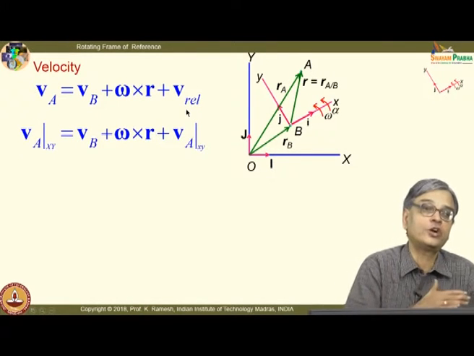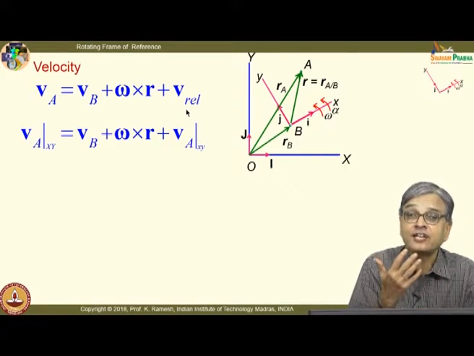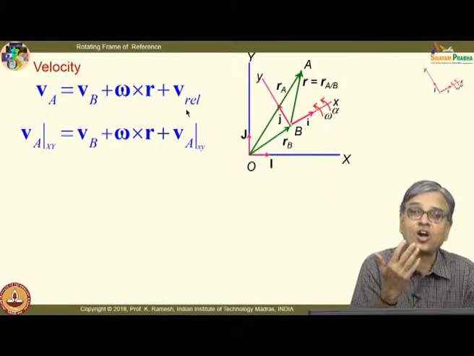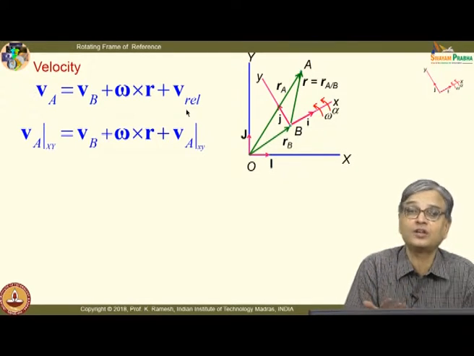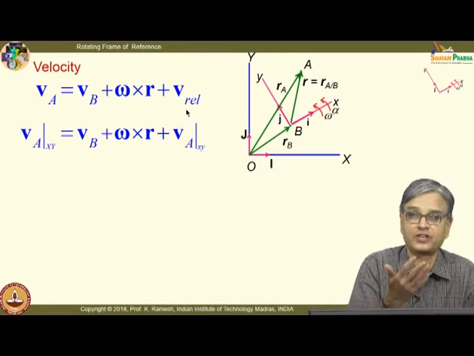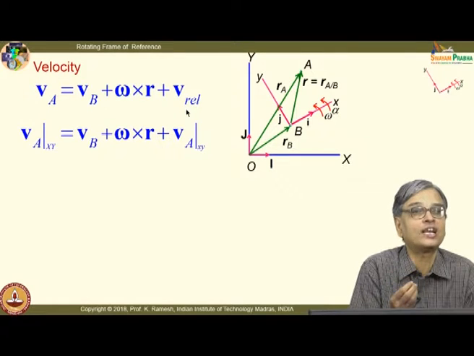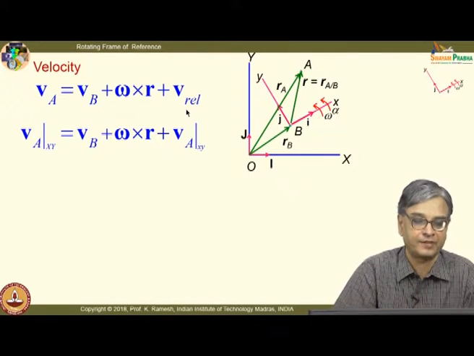You take the advantage of a rotating frame of reference essentially to get V A small xy or A A small xy. That is the reason why you are looking for a rotating frame of reference. In fact, the first two problems I have solved require that knowledge, and it is easy to perceive if you have a rotating frame of reference. We will also have a look at it again.